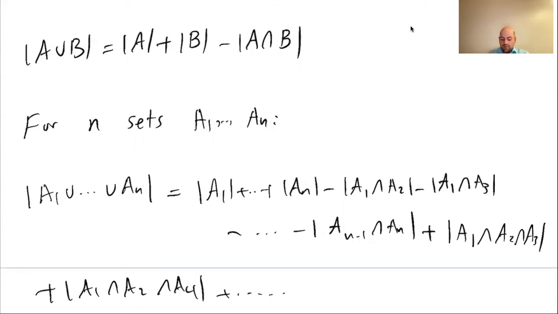Okay, and then the last term will be minus 1 to the power n, let's say plus 1, A1 intersection through AN.